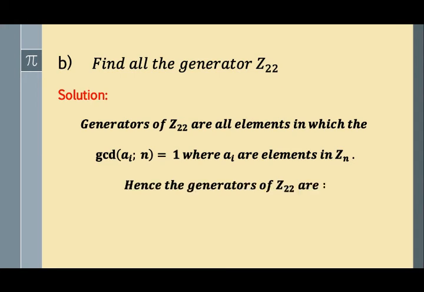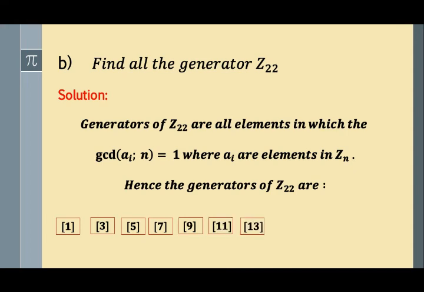Hence, the generators of Z22 will be all the positive numbers that are less than 22 and coprime to 22. Those are the congruent class of 1, the congruent class of 3, the congruent class of 5, the congruent class of 7, the congruent class of 9, the congruent class of 11, the congruent class of 13, the congruent class of 15, 17, 19, and lastly the congruent class of 21.